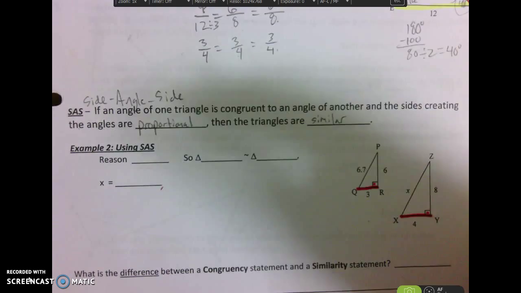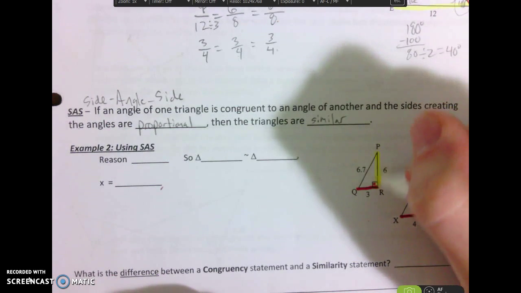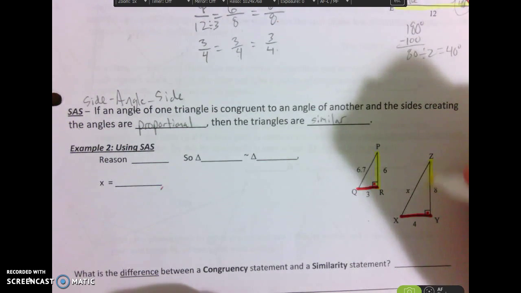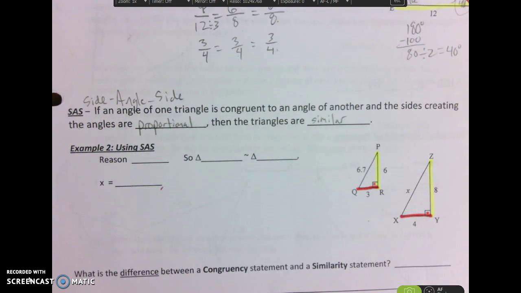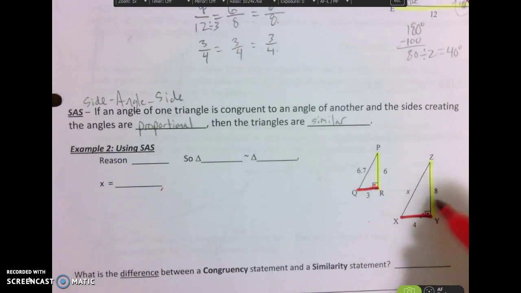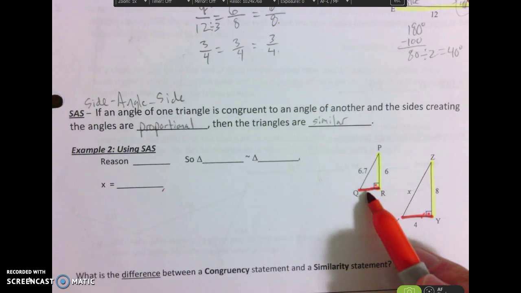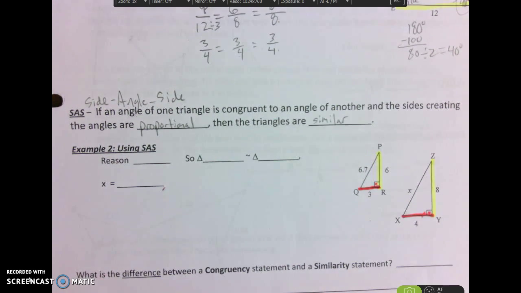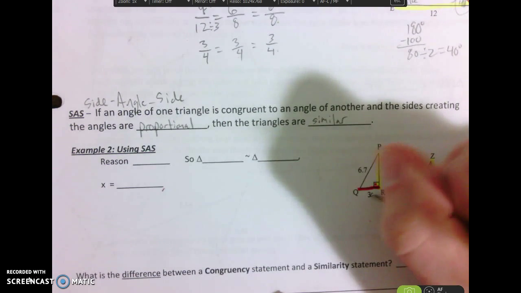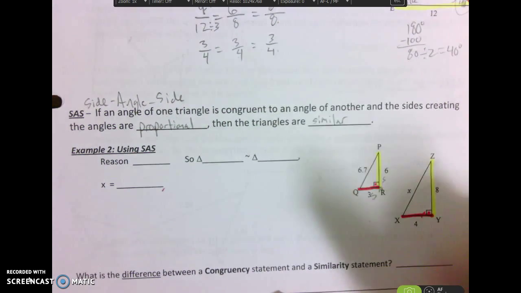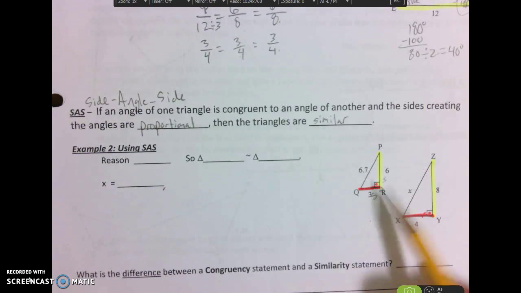And then PR corresponds to XY. And I picked those ones because those are the two sides that make that angle. For side, angle, side to work, it's got to be side, angle, side. I like to label them so I know side, angle, side. And the angle's got to be right between the two sides.